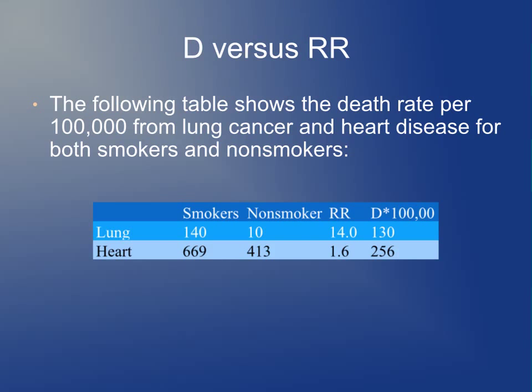Among smokers, 669 per 100,000 got heart disease versus 413 among non-smokers. So the relative risk would be 14 for lung cancer and 1.6 for heart disease, and the risk difference times 100,000 would be 130 versus 256.